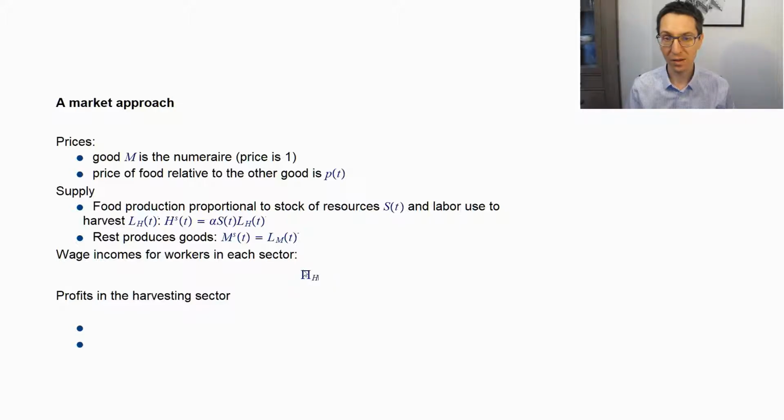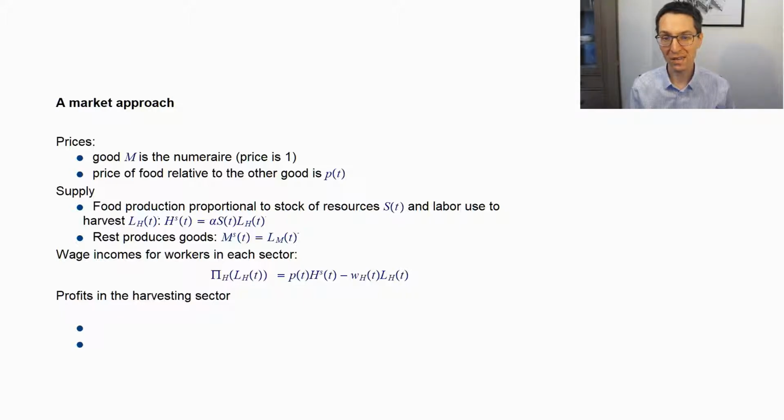So pi_H, which is a function of the total labor use, L_H,t, is equal to the sales price P_t multiplied by the total production, the harvest, H^S_t. This represents the revenue of the firm minus the cost of the firm, which will be the wage rate, W_H,t, multiplied by how many laborers are employed, L_H,t.